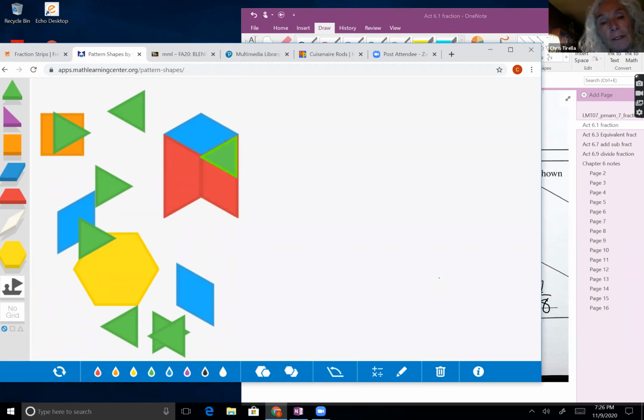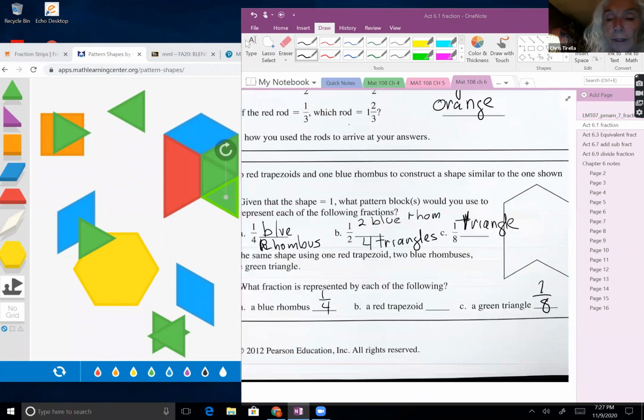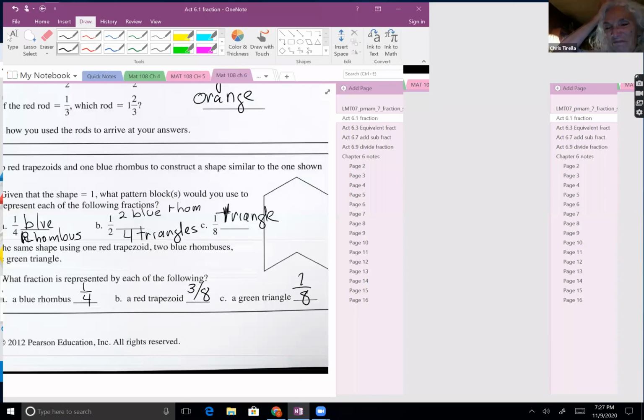I think at the beginning we said that a trapezoid was equal to 3 triangles. And so couldn't we say that that red trapezoid would be the fraction 3/8? Does that make sense?